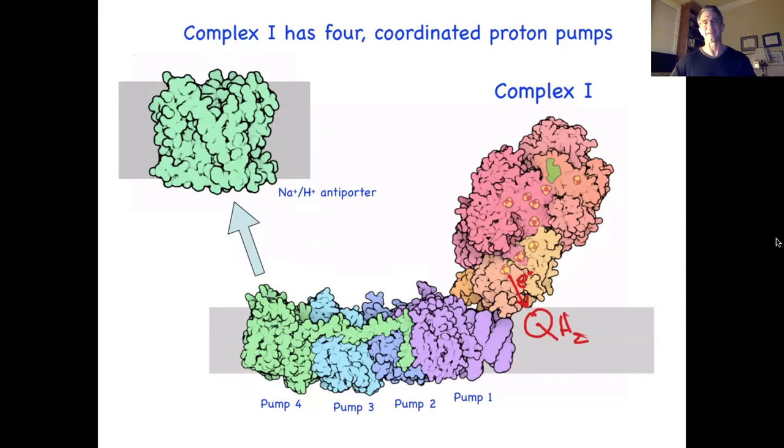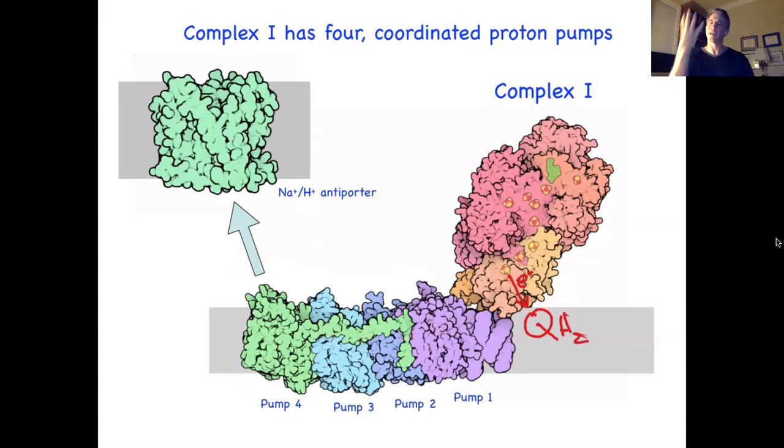So here's the way people now think this works: when the electrons move from that last iron sulfur cluster and reduce coenzyme Q, that communicates an allosteric signal to this little array of pumps in the membrane. And when you make coenzyme Q, that conformational, that binding change, happens and you populate reduced coenzyme Q in the active site, some kind of an active site down here at this neck, each one of these pumps opens and pumps a proton.